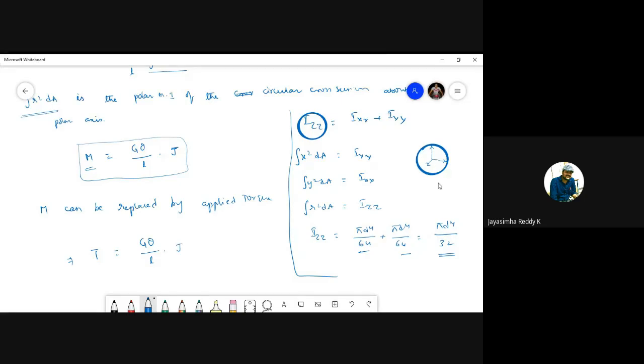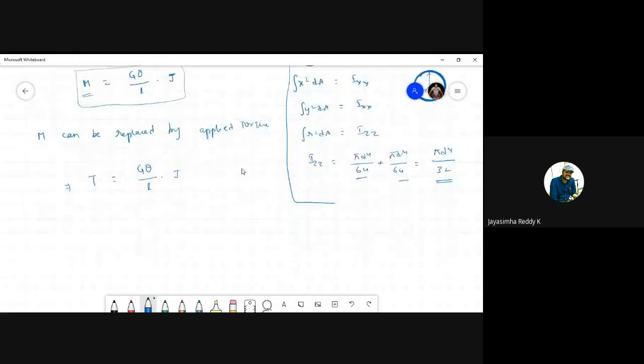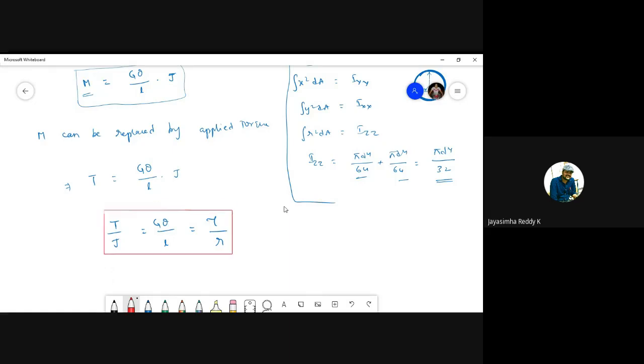So this equation can be rewritten as T by J is equal to G theta by L is equal to, we also have this tau by R. See, students, this is a very important relation. T by J is equal to tau by R is equal to G theta by L. T is applied torque.